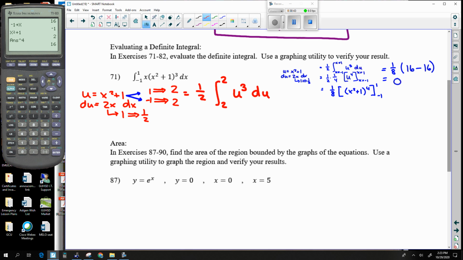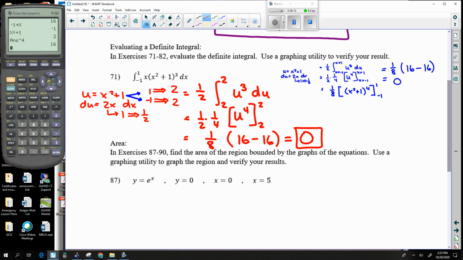So this is going to be u to the 4th over 4, times 1/2. And now that I reevaluated the limits, I don't have to turn this back into an x. I just use the u as u to the 4th. So 2 to the 4th minus 2 to the 4th. So I don't have to turn it back into the x at that point.